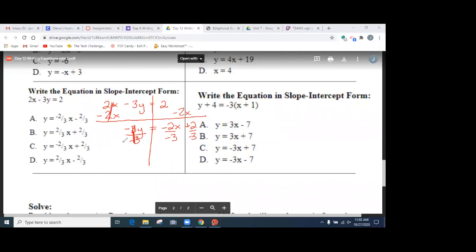Now, instead of rewriting this, I got answers right here. Negatives make a what? So which of these has a positive 2 over 3? Not A, not C. All right, right here has 1 negative. 1 negative makes the whole thing negative, right? Which of these has a minus? D has to be my answer right there.